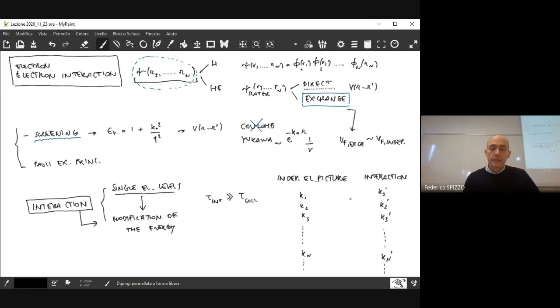So the idea is the following. This single electron level that we have in case we consider the interaction corresponds to one electron that is interacting with all the other electrons. From the point of view of the comparison with the previous picture, we have a sort of ideal gas, so the electrons are independent and do not interact with each other, just as if you had an ideal gas.